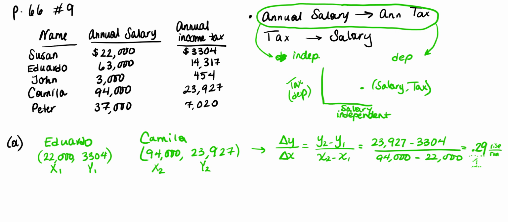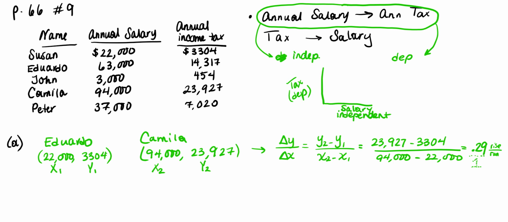What this slope is telling me is that for each additional dollar that I make in my salary, I am paying 30% or 30 cents of that dollar in taxes. So let's consider, if we go back to this little graph at the top, let me clear some room here. If we go back to this graph up at the top, let's talk about a slope that is 0.29.